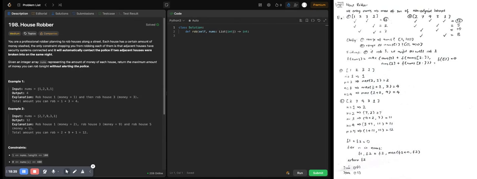Now let me test the code with our example to make sure everything works as expected.